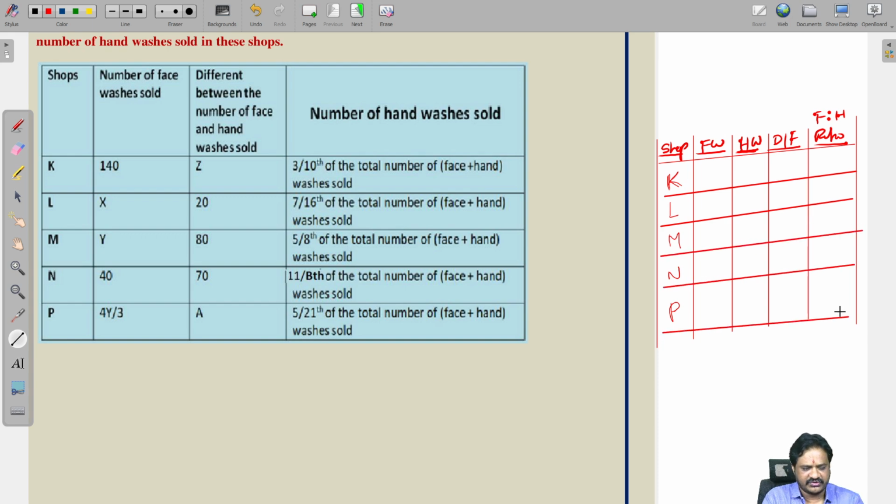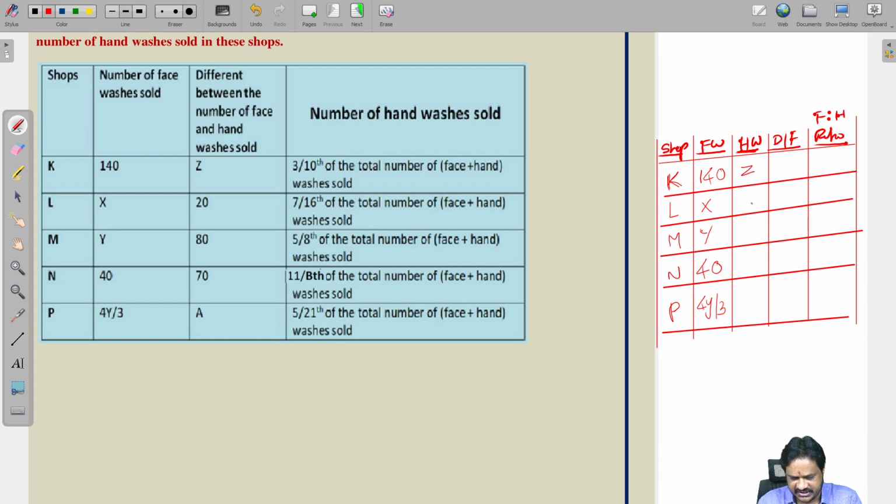Now, whatever the values are there, first I will complete those values. Here we are having 140, here X, here Y, and here 40, here 4Y by 3.